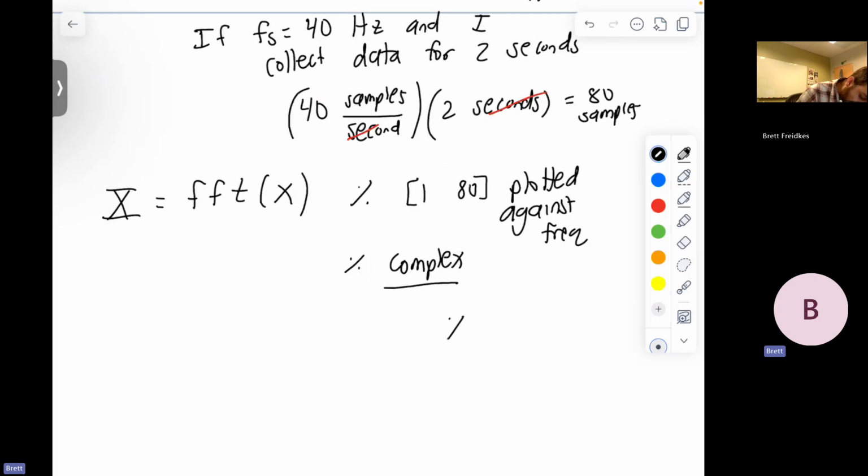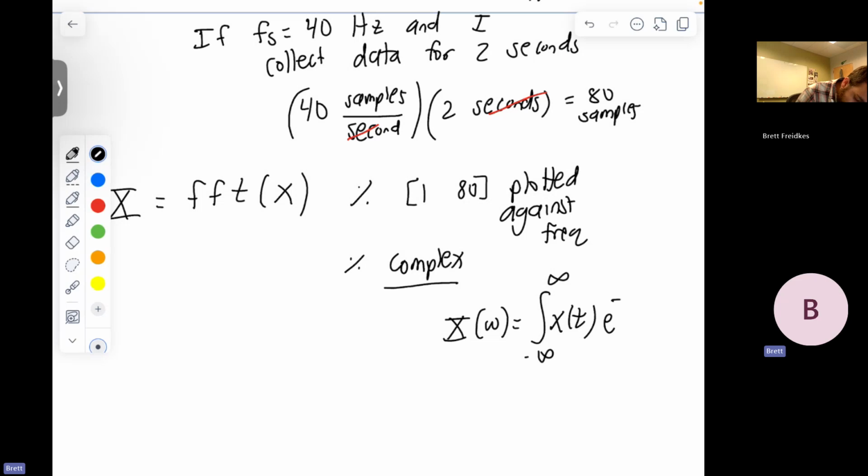If you remember the definition of the Fourier transform, we took the integral of this x of t and did e to the minus j omega t dt. We see that we have this j here, which means that our X of omega will be complex and have imaginary components to it. So this X that we find in MATLAB will be complex.